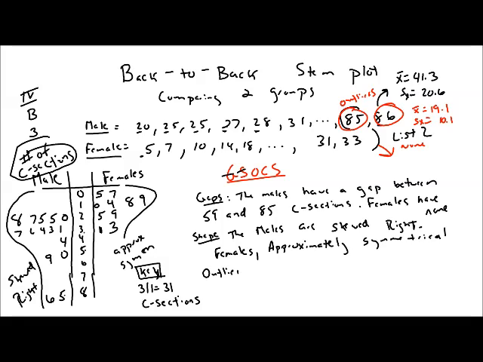Outliers. The males have 2 at 85 and 86 C-sections. The females none.